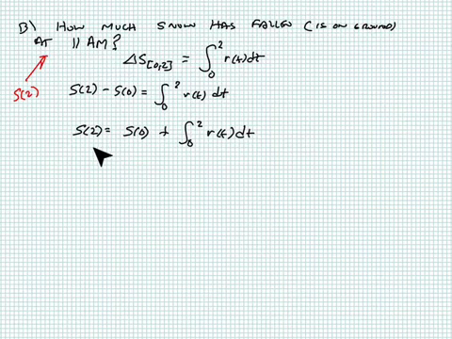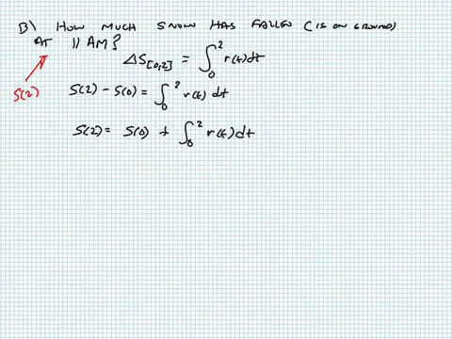So let's look at what this means. This means that the amount of snow on the ground at 11 a.m. is going to be equal to the amount of snow that was already on the ground at 9 a.m., which was given as 3 inches in the original problem statement, plus the net amount of snow that fell between 9 and 11.